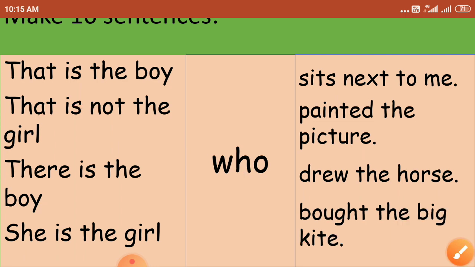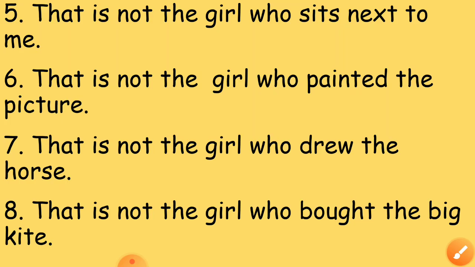Easy? Let's start. Fifth sentence, write number 5. That is not the girl who sits next to me. Sixth sentence, that is not the girl who painted the picture.